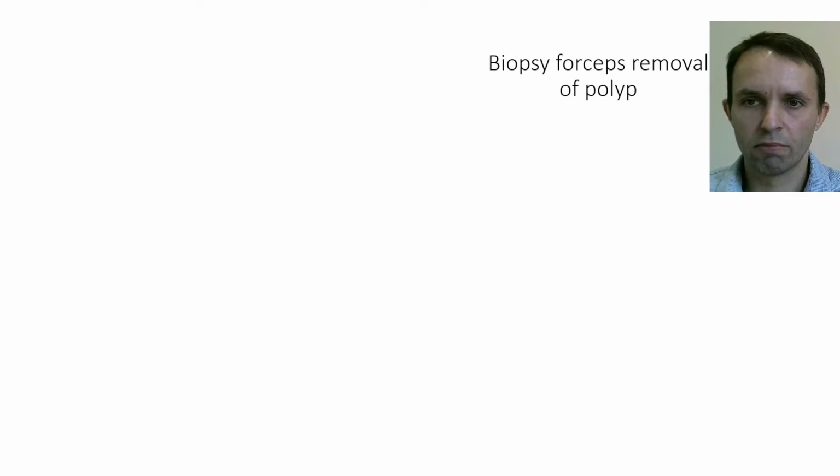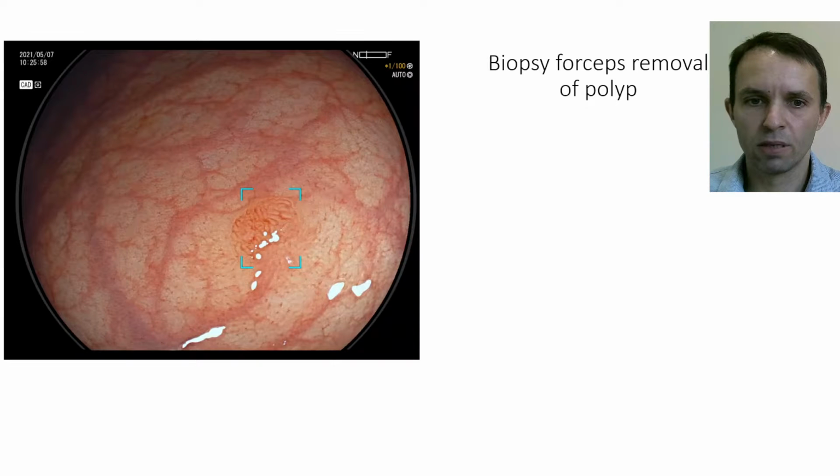I'd like to share a few clinical examples. So here we have a high definition view of a flat polyp, which was detected by the endoscopist and the artificial intelligence system.